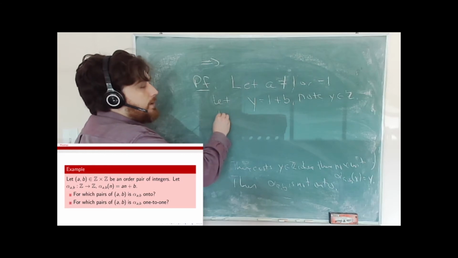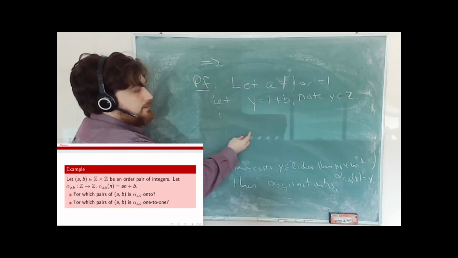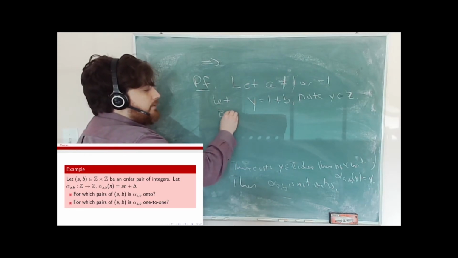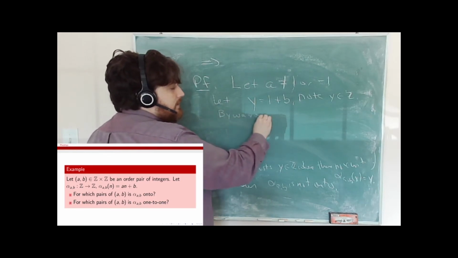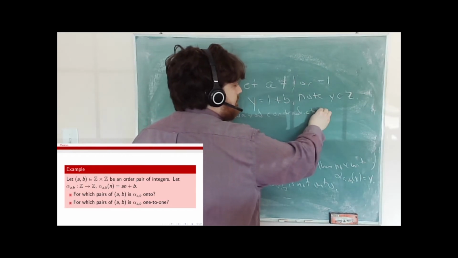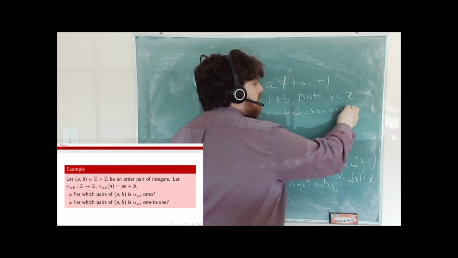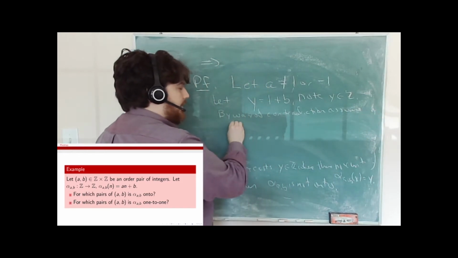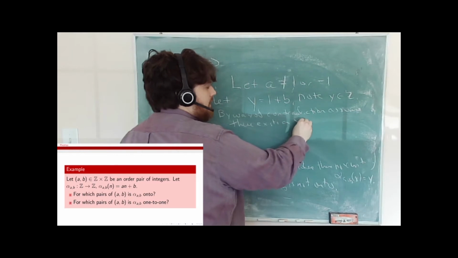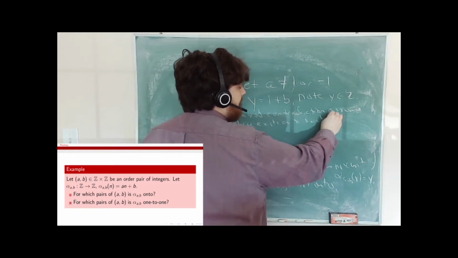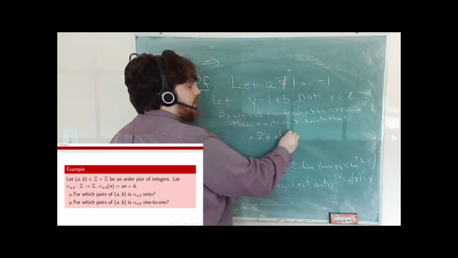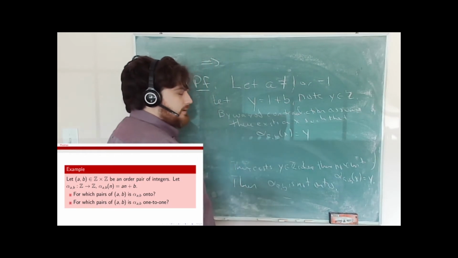Showing that we can't map to it is actually difficult. So, by way of contradiction, assume that we can. So I'm going to assume there exists an x such that alpha sub ab of x is equal to y.